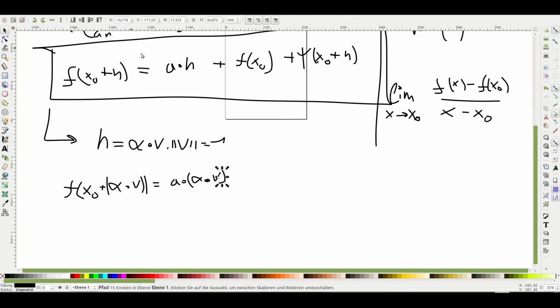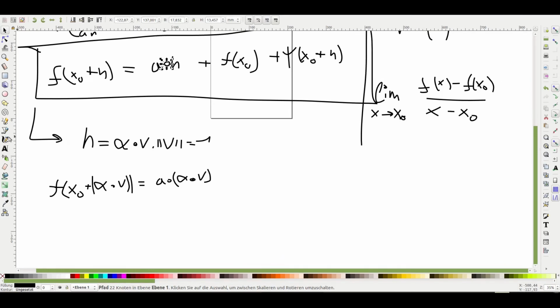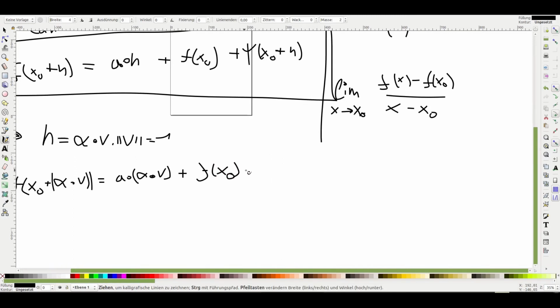Maybe I should denote this as an open circle for the scalar product. This whole thing plus f of x0 plus psi of x0 plus alpha times our directional vector v.